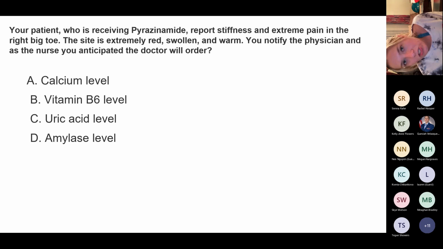You notify the physician, and as the nurse, you anticipate the doctor will order what? What do we think is going on with our patient?